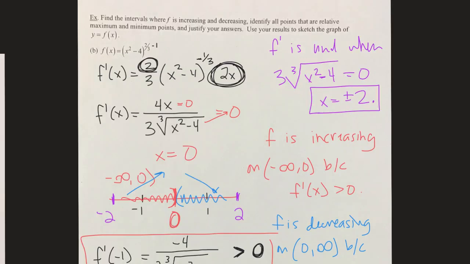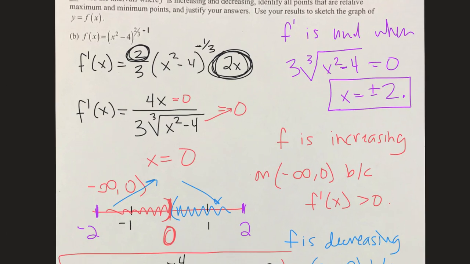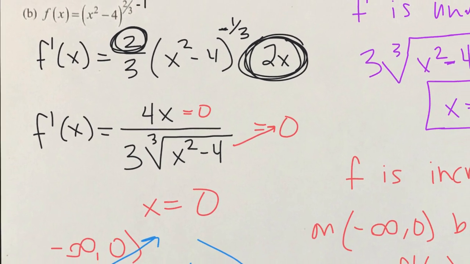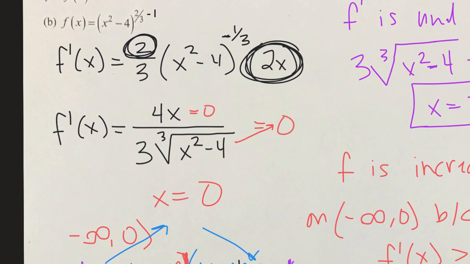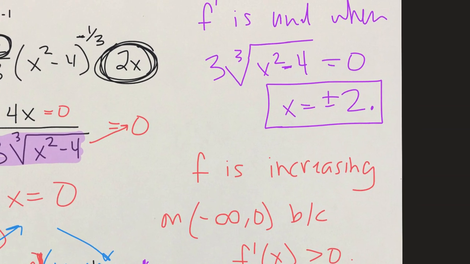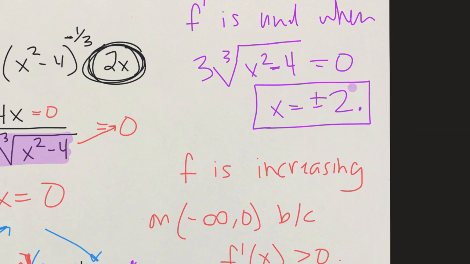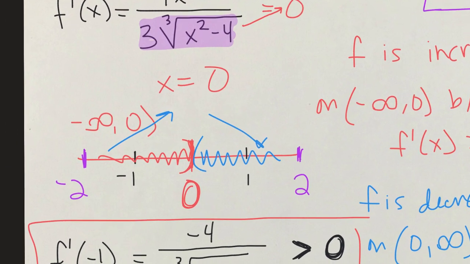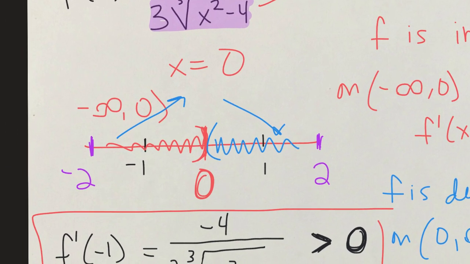Hey, sorry y'all, I forgot about something, and that's that the critical values are also where your derivative is undefined. So we have to take our denominator and see when it's going to equal 0 also. So we have a +2 and -2, so we have to add some intervals to our problem.